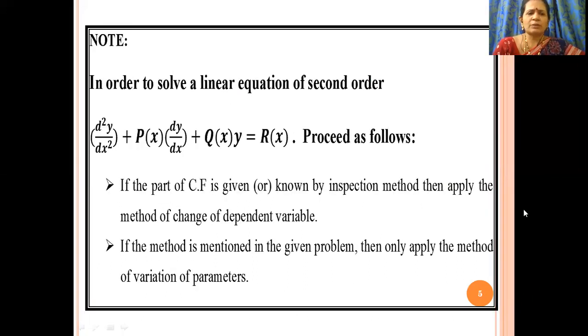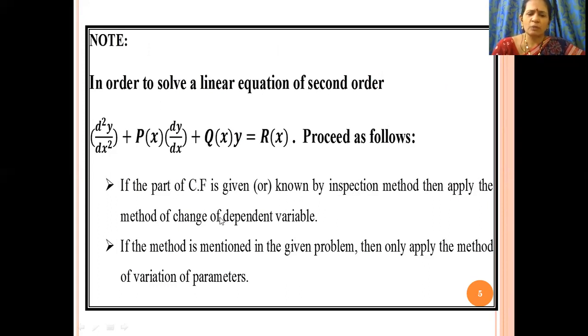Now, coming to the next one, here I have given one note. In order to solve the linear equation of second order, we have to proceed as follows.